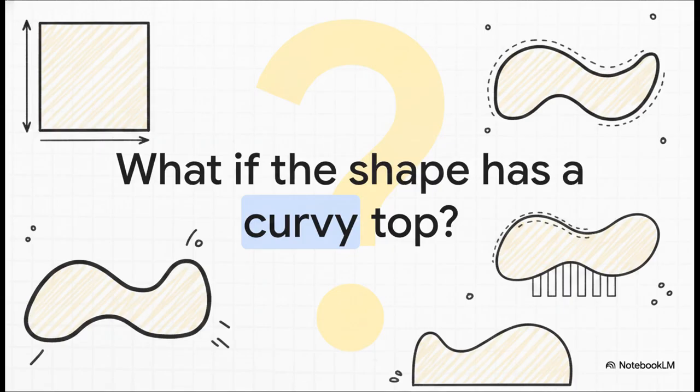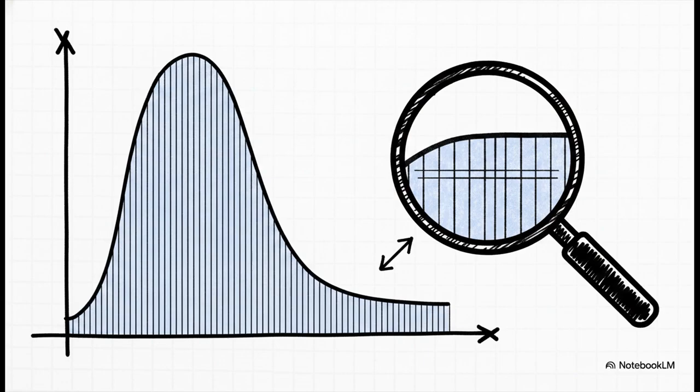This was a massive, huge roadblock in early mathematics. How do you accurately measure the chaotic, curvy realities of our physical world? And here is the absolute genius solution. To find the total accumulation, which is just the area under that crazy irregular curve, you divide the whole thing up into rectangles. But wait, not just a few rectangles, you divide it into an infinite number of ultra-thin vertical rectangles.